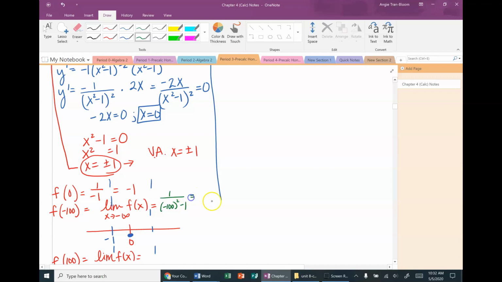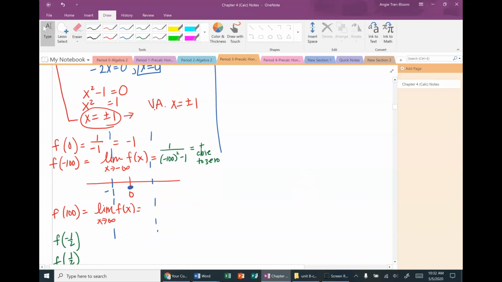This is going to be a positive answer, but it's very small, positive close to 0, okay? Then when we do 100, because it's x squared, it's always going to be very similar, again positive close to 0. That's what's happening to the end behavior.